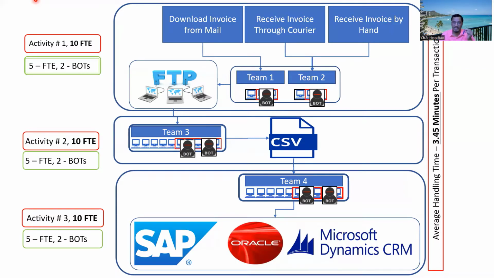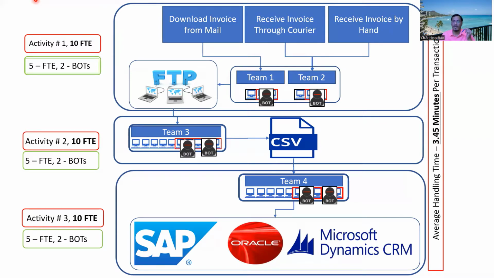Each employee can process 50 invoices per day, and an employee can work a single shift only out of 3 shifts. But a bot can work 24/7. In this case, 1:3 means one employee processes 50 invoices, 50 into 3 is 150 invoices, and 150 into 3 shifts becomes 450 invoices.